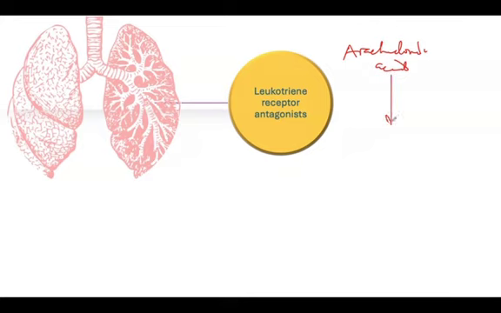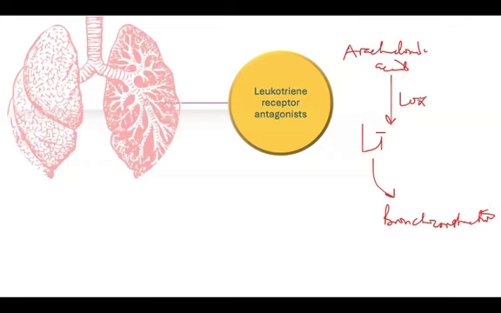This arachidonic acid is acted on by lipoxygenase, LOX, and then we produce leukotrienes. Leukotrienes then cause bronchoconstriction by working on the receptors, the leukotriene receptors.